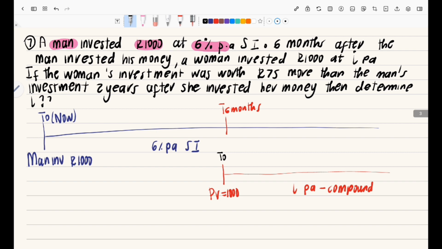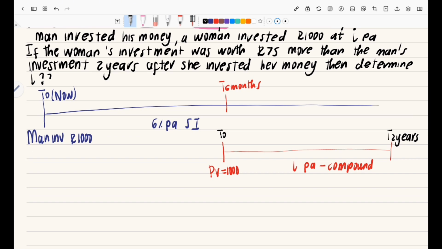And then if we were to just read everything else that they said, they are saying the woman's investment was worth 75 rand more than the man's investment 2 years after she invested. So at time period T2 years for the woman, the future value is worth 75 rand more, right?